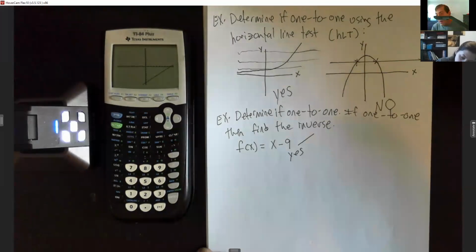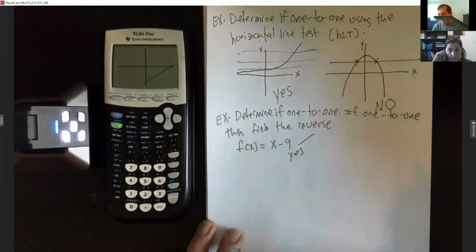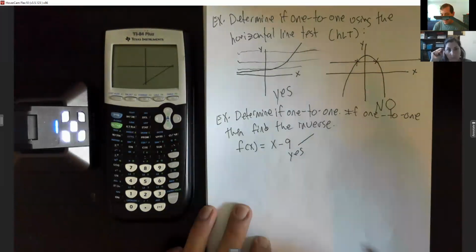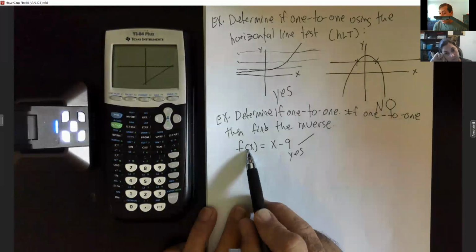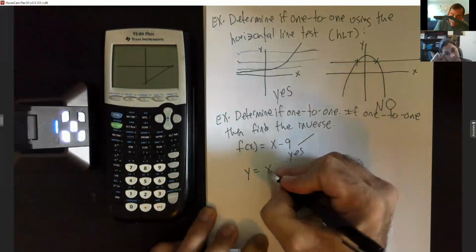So we're going to find the inverse now. So this is the trickier part of it. The first thing I said on that list of steps, we got to replace the f of x with a y. So this now becomes y equals x minus 9.